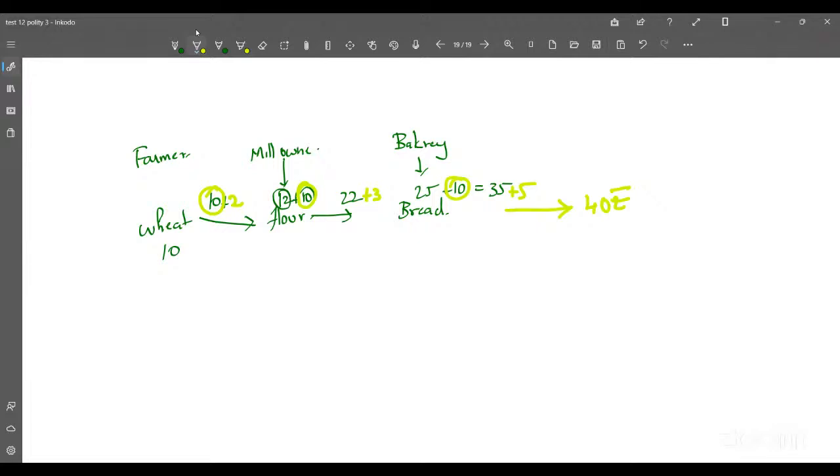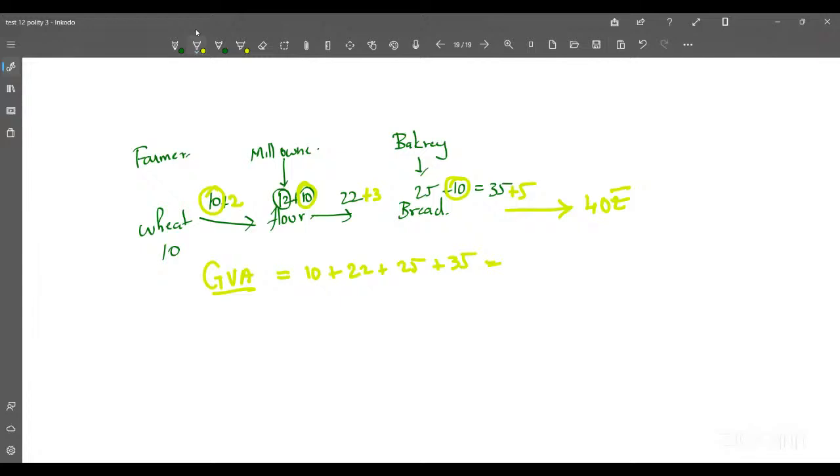So now, if I am going to calculate GVA, gross value added, I should not take the input cost into account. Are you getting the point? If I take input cost into account, the value would be something like this: 10 plus 22 plus 25 plus 35.